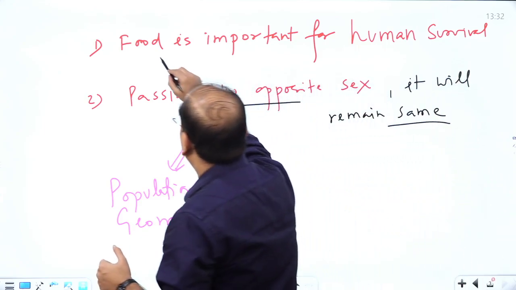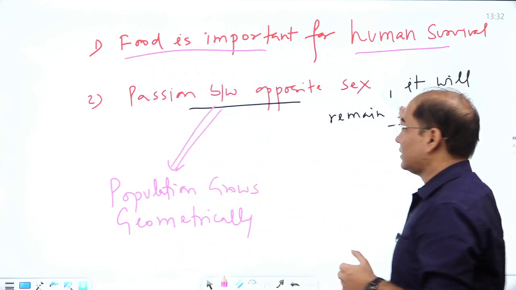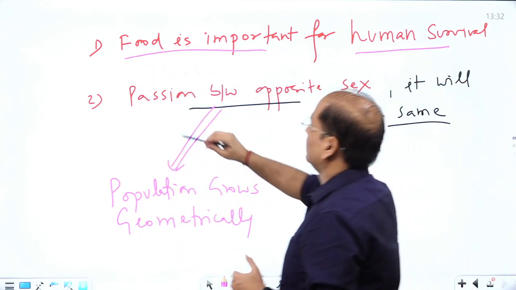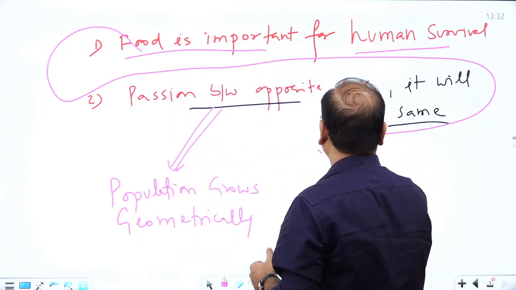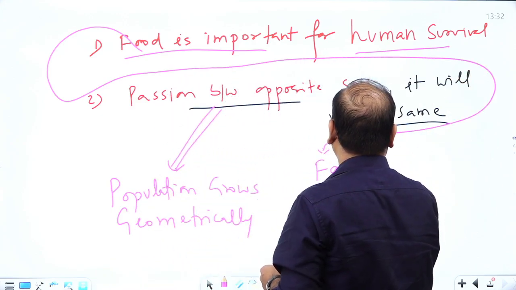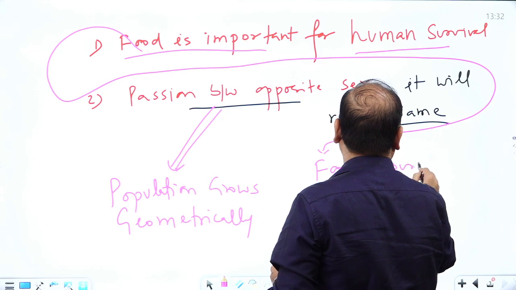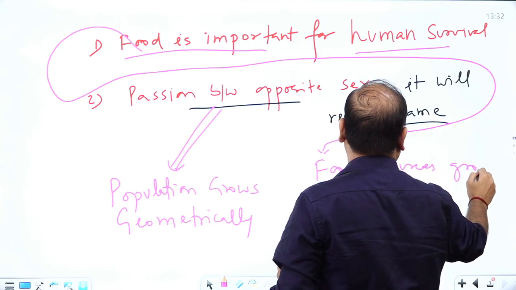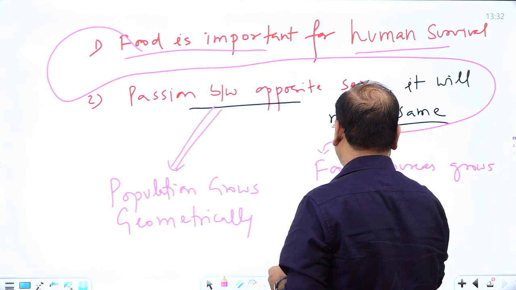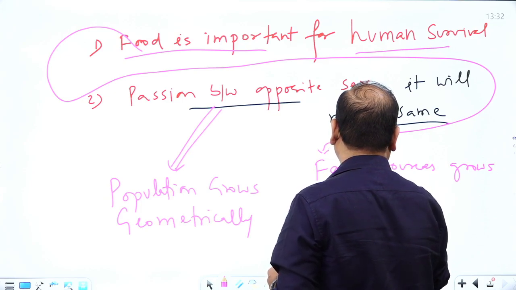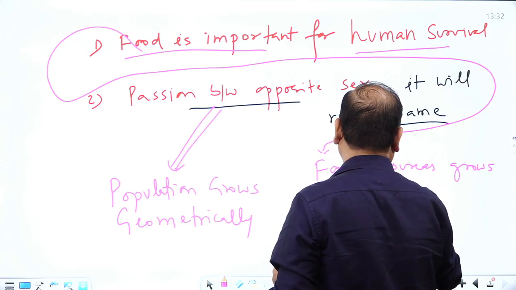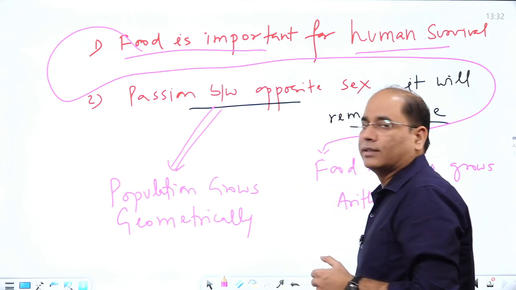Whereas food is important for human survival, but the growth of food resources grows arithmetically.